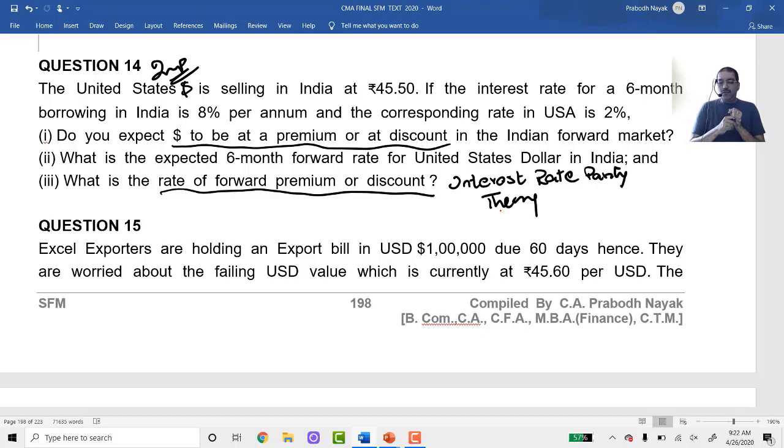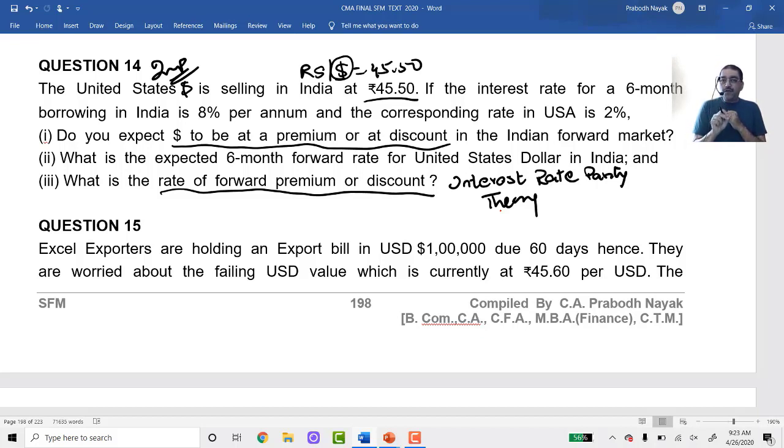Now, what is given to us? Rupees 45.5. That means rupees to dollar is equal to 45.5. And we are saying that the dollar is at premium, and we are asked to calculate the rate of forward premium of the second currency.